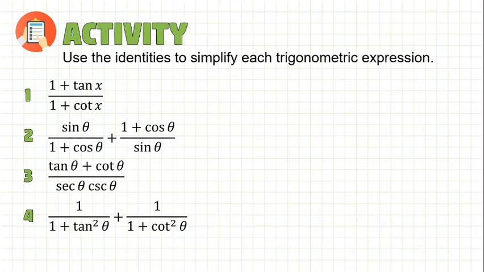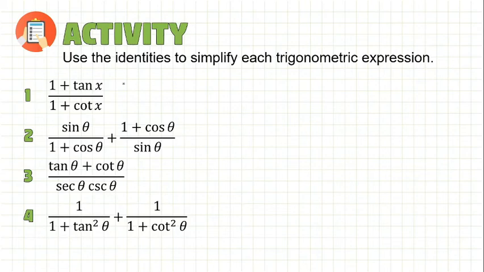So one way to simplify a given trigonometric expression is to transform all functions involved in the given expression to its sine or cosine form. So in this case, for number one, we will try to change tangent and cotangent to sine and cosine.